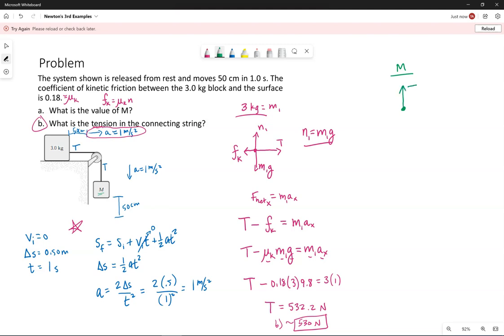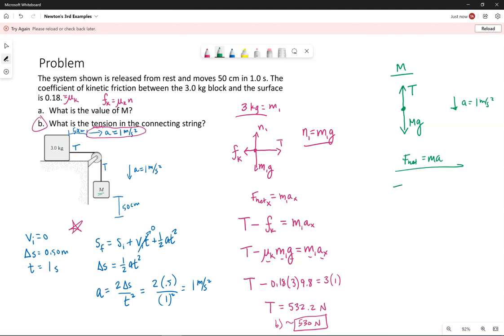This represents the hanging mass, so it is experiencing the force of tension upwards, a force of gravity downwards, and remember, we've said that its acceleration is downwards. I'm just writing that over to the side. I don't put it on the free body diagram because in and of itself, that is not a force. But when we write out net force equals ma, we have to account for the direction.